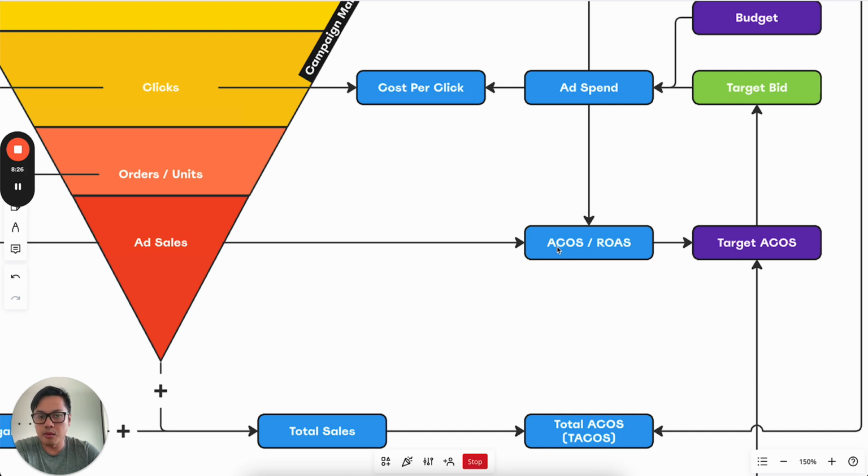If you look at it the other way, where you take sales over spend, we understand ROAS. They're essentially just the inverse of each other. So it doesn't really matter which one you use, as long as you pick one and understand what it actually means. For me, I typically will choose ACoS and really try to understand it at this level.